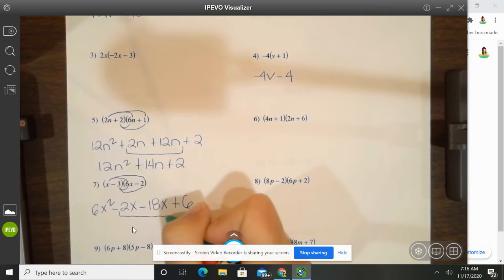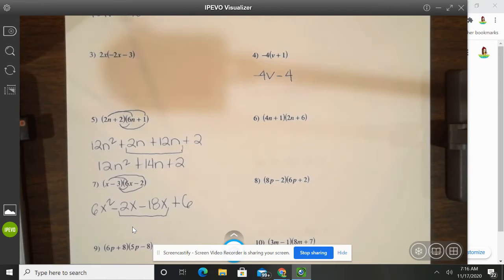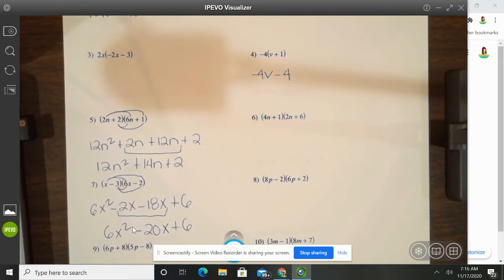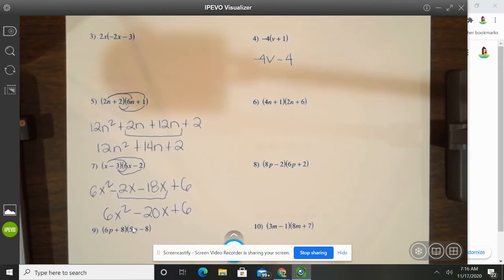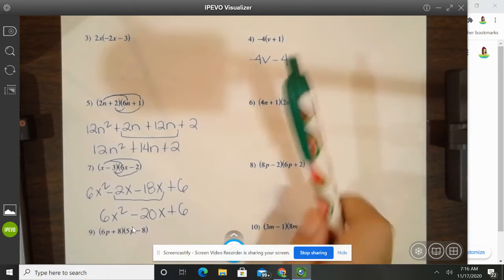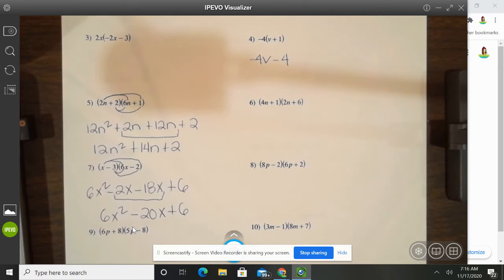And then these 2 terms get combined. So that's 6x squared, and then negative 20x plus 6. Okay, so that is a binomial times a binomial. This is a monomial by a binomial.